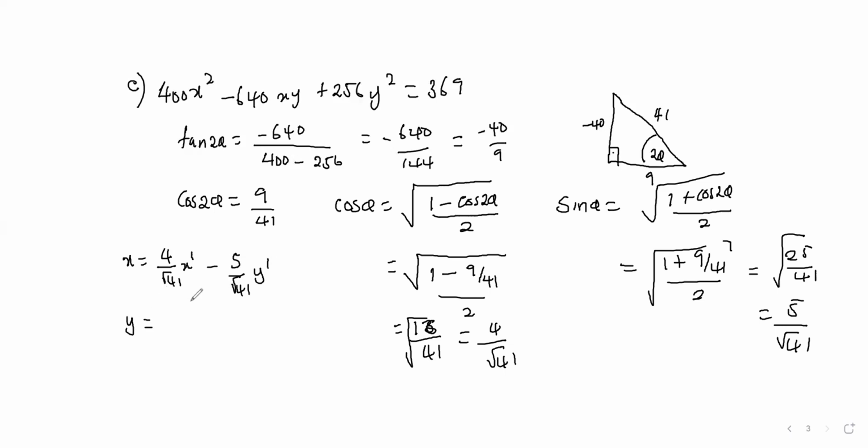And y is x prime sine theta. So we have 5 over root 41 x prime plus 4 over root 41 y prime.